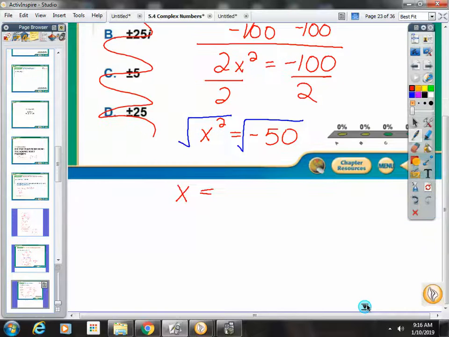So I added in the square root to the problem. What else do I have to add in? Plus or minus. Plus or minus the square root of negative 50.